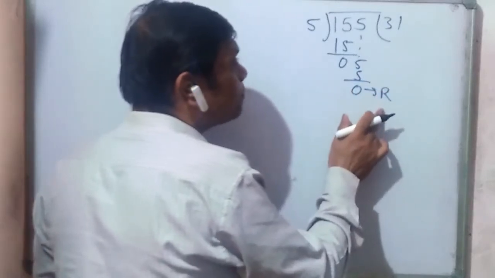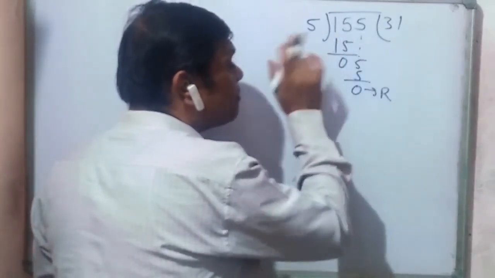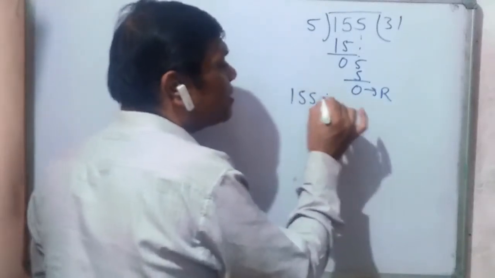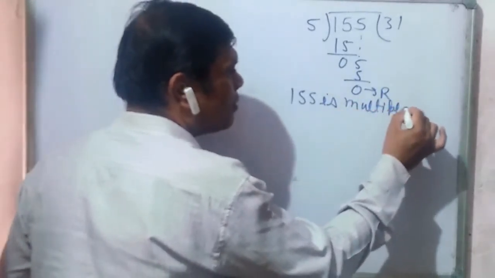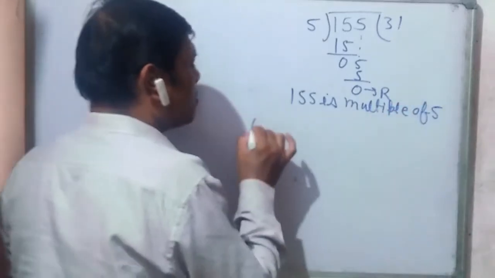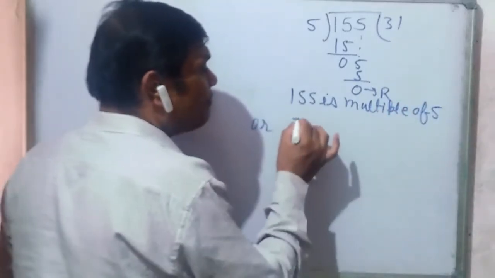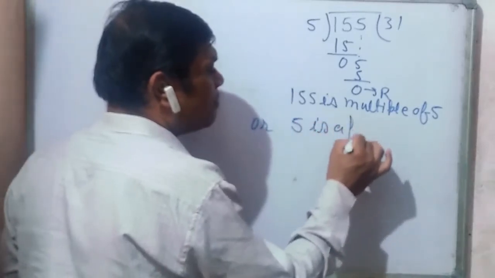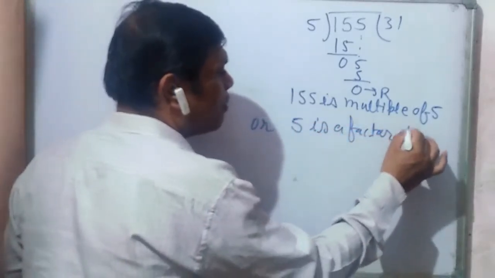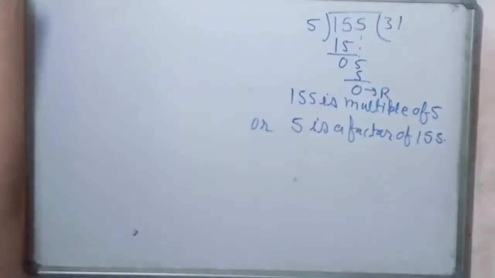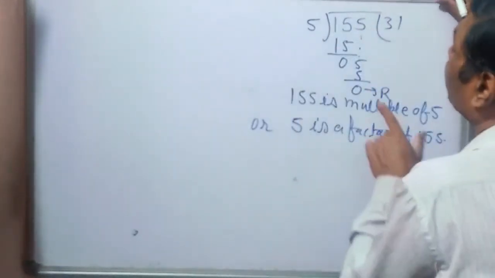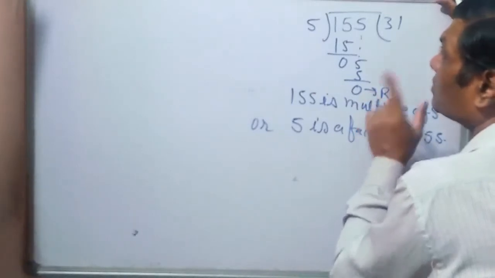Because this remainder is 0, we say 155 is divisible by 5. 155 is a multiple of 5, or 5 is a factor of 155. That is how we relate in numbers. For qualifying 5 as a factor of 155, my condition was remainder should be 0.